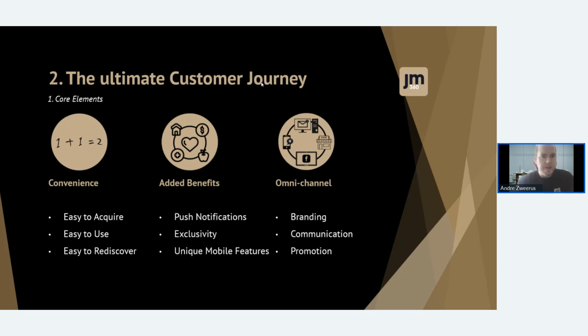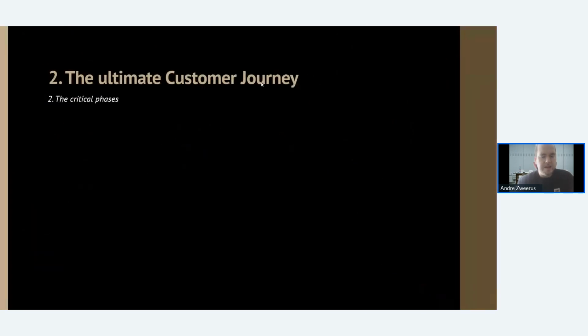So now we can look at the critical phases. We have a couple, and they do make sense, but in order for us to segment the customer journey and keep it easy to digest for everyone, we have laid out each critical phase.